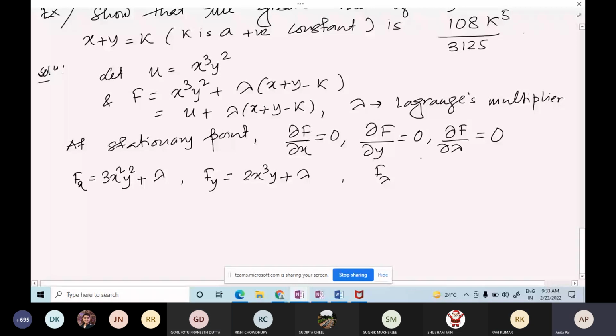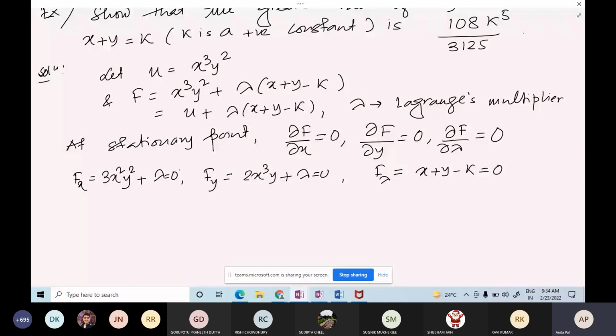Correct. F lambda is equal to x plus y minus k. And all these will be 0, because at stationary point we know this is 0. Now please solve this and find the value of x and y.